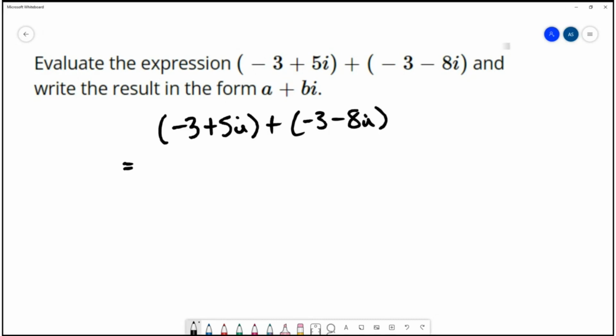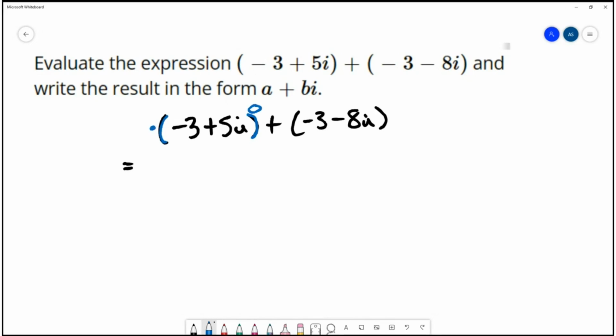And you might be wondering about those parentheses, why they're there. The parentheses are there to group that real part and the imaginary part together. So in this problem, you can see that the parentheses are only for grouping because there's no operation happening on those parentheses. There's nothing multiplied in the front.